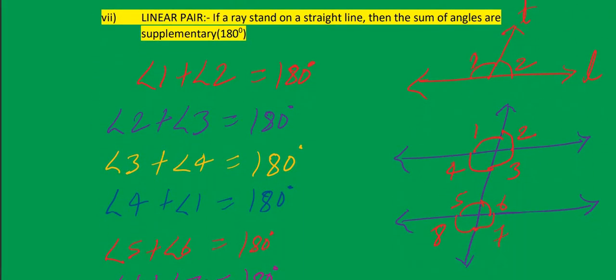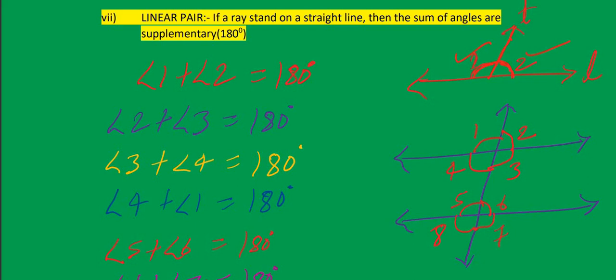Now we will talk about linear pair. So first of all, see why it is called linear pair. If a line is given and one ray stands on this line, two angles will be formed, angle 1 and angle 2, or whatever you want to call them. The line is a single line and the ray is a single ray, so two angles will be formed and these angles are adjacent angles.